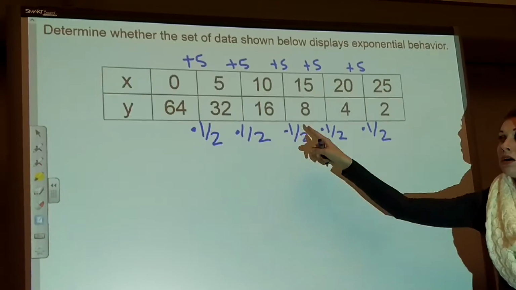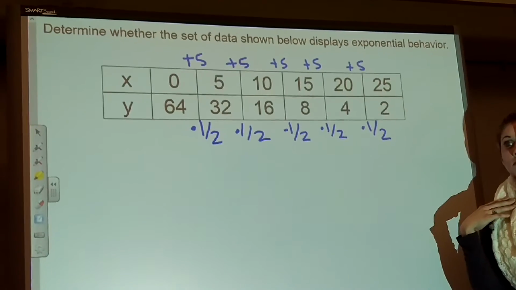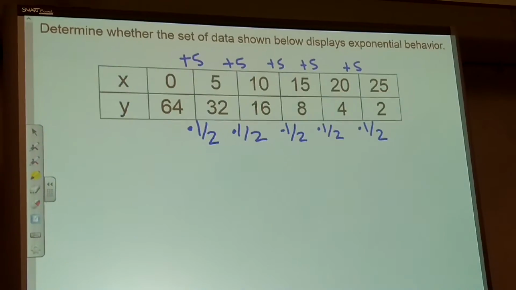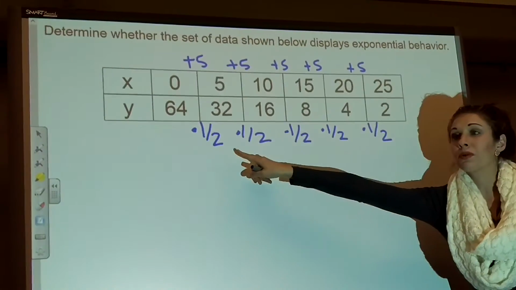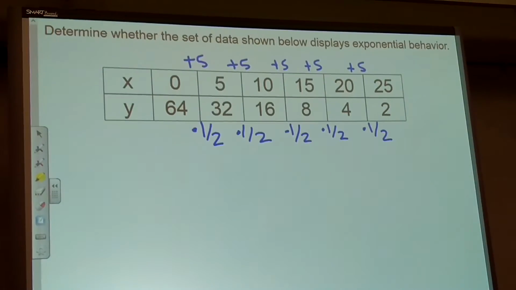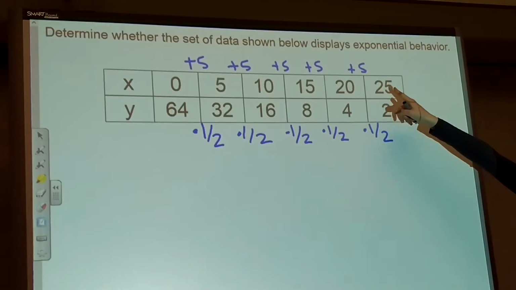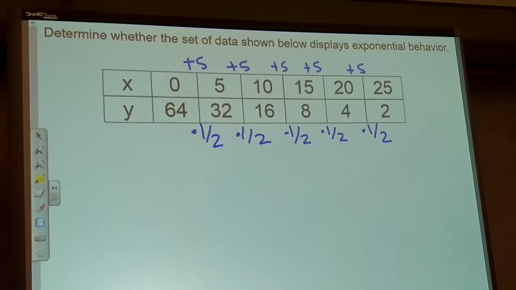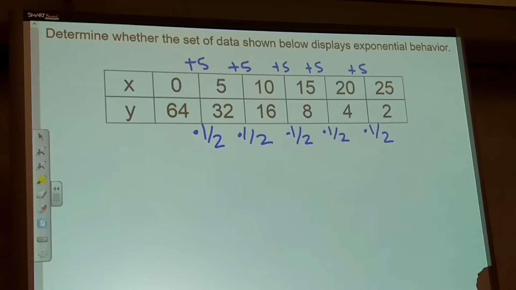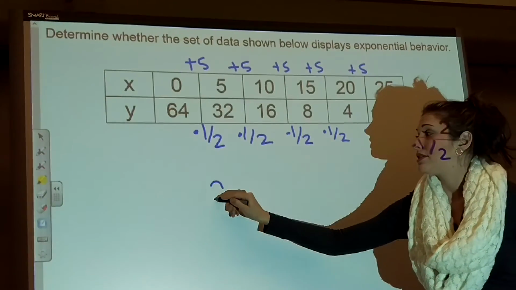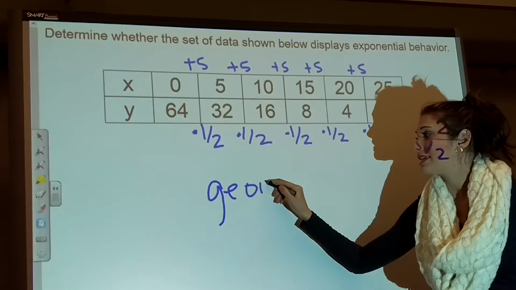If you're adding by a constant on the bottom, that wouldn't be exponential. But because we're multiplying by something on the bottom at a constant rate, and on the top we added by a constant rate, that means it is exponential. So this is a geometric sequence.